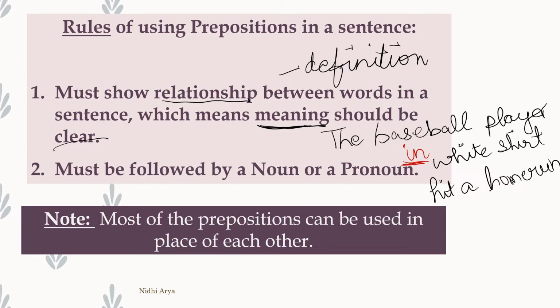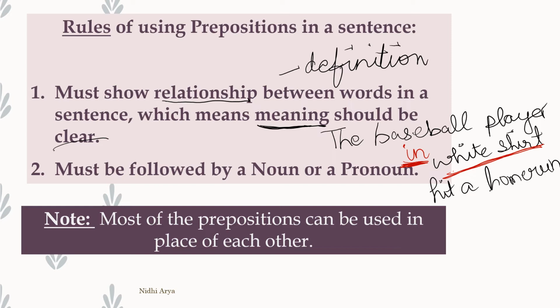After we have placed in before this noun, white shirt, we can get the meaning of the sentence that जो baseball player है जिसने white shirt पहनी है उसने home run hit किया है. So the meaning should be clear, and that's where we should use prepositions.